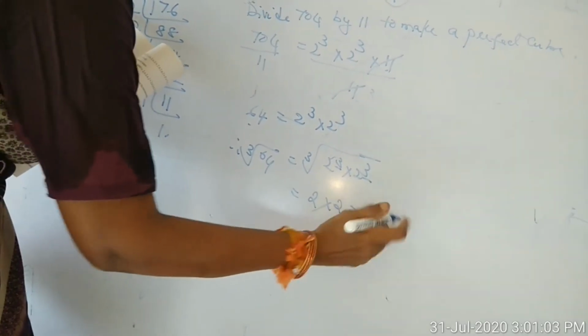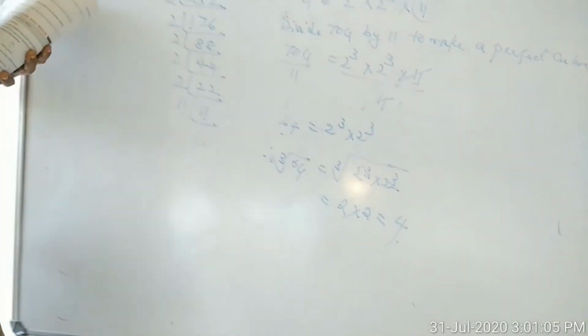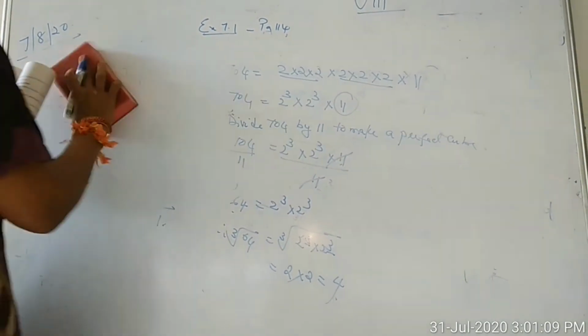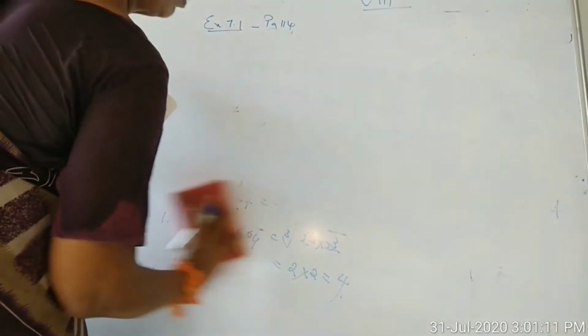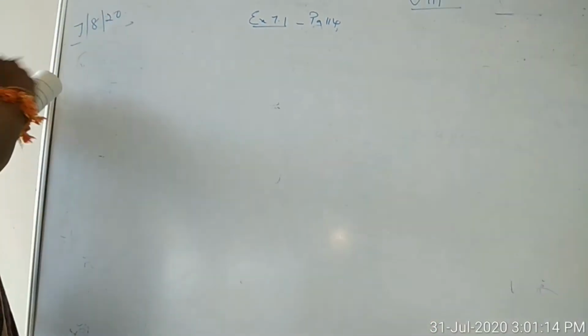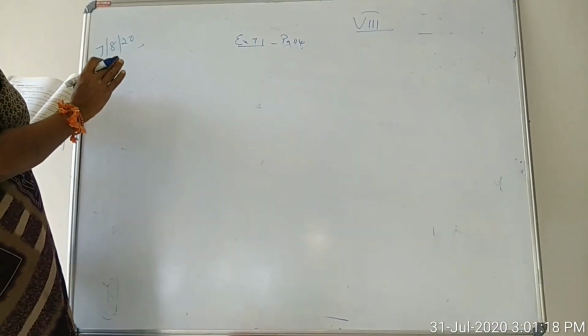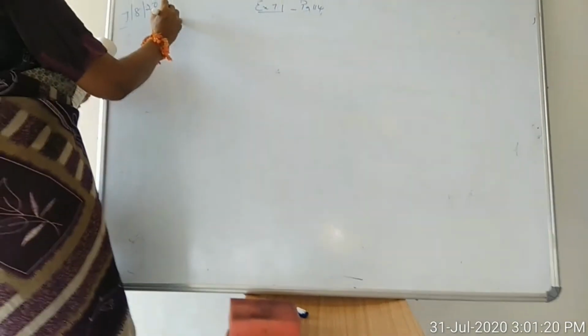Therefore, cube root of 64 is equal to 4. Multiplication will increase the number value. Division will decrease the number value.